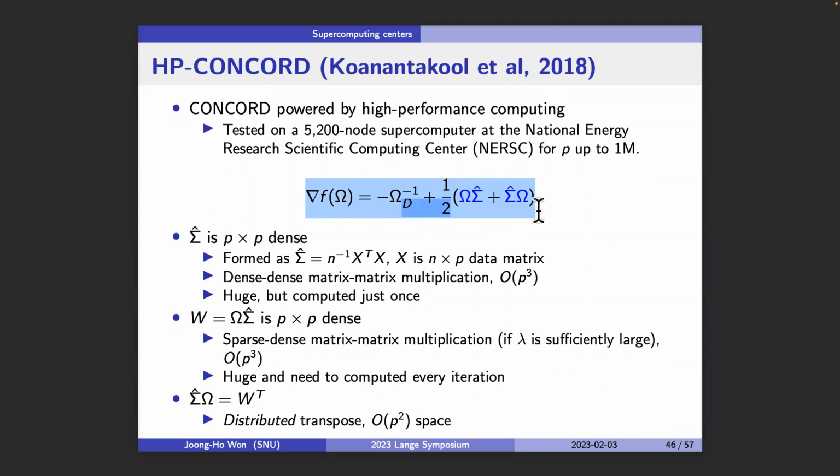So every iteration, you need to multiply huge matrices. So that's a problem. And you also need to take the transpose of the same matrix, which is relatively easy if you are willing to sacrifice some space.